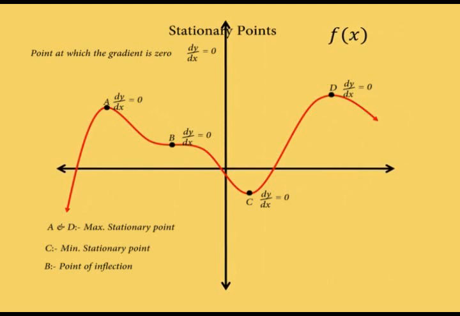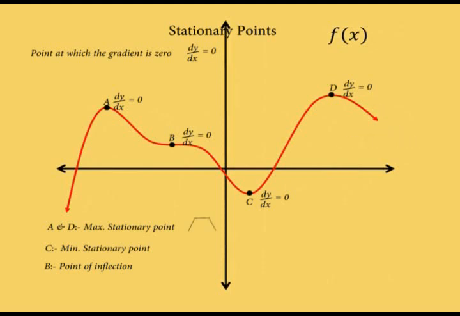You must realize that when the curve is inclined to the right, the gradient is positive. If inclined towards the left, it is negative. So in a maximum stationary point, the gradient changes from positive to 0 and then to negative. It is symbolically represented as this.